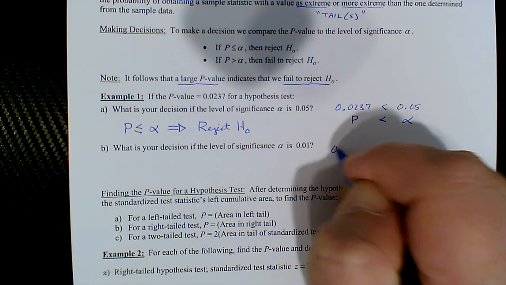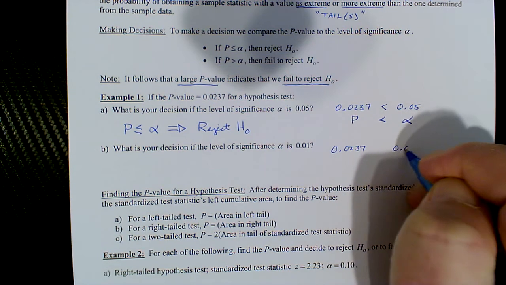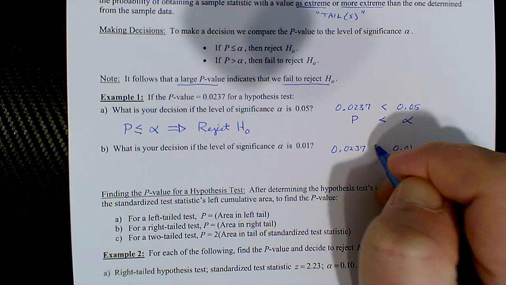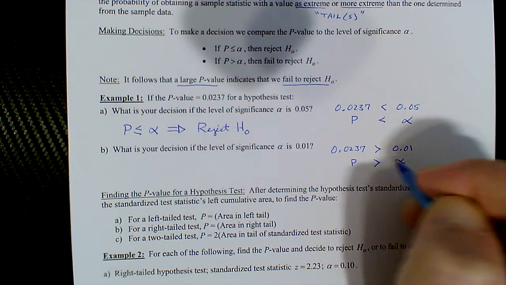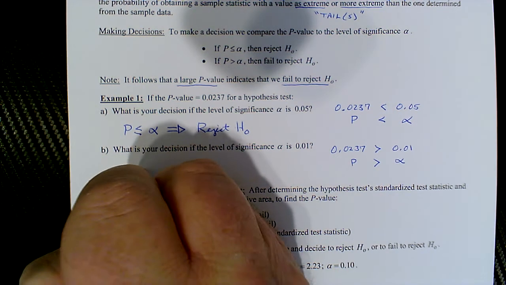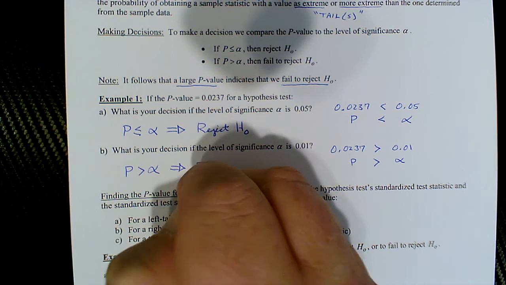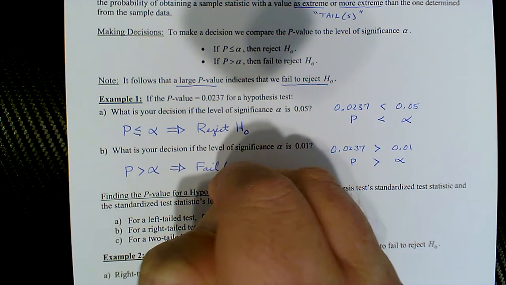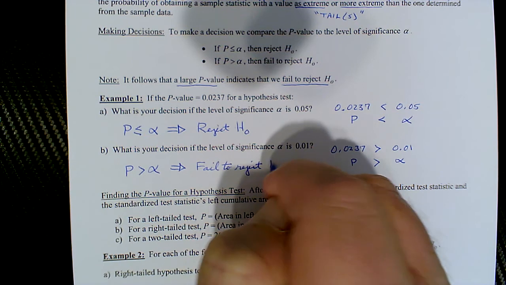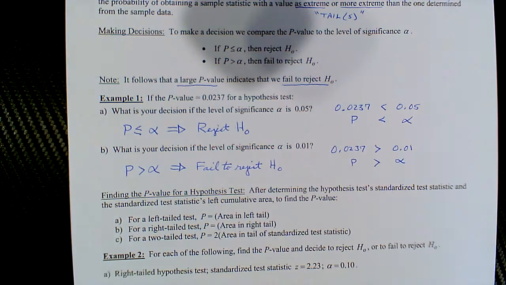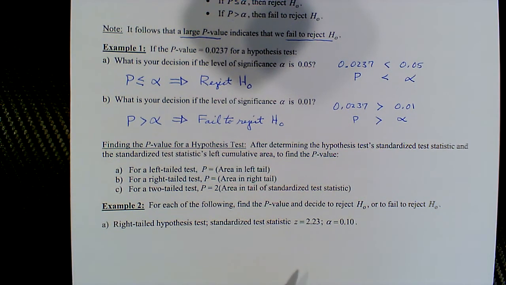For alpha being 0.01, again, if you want to set up an inequality, 0.02 is greater than 0.01. Again, that's p and alpha. So now we have that p is greater than alpha, so then we fail to reject. And once again, that's our decision, and it's always made with respect to H0. So make sure you include H0 there.